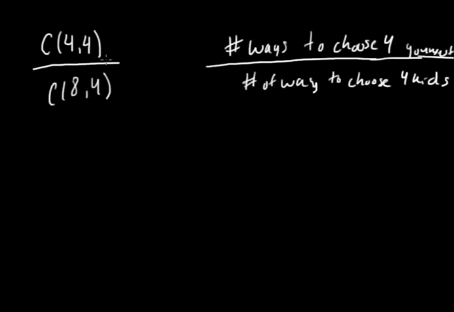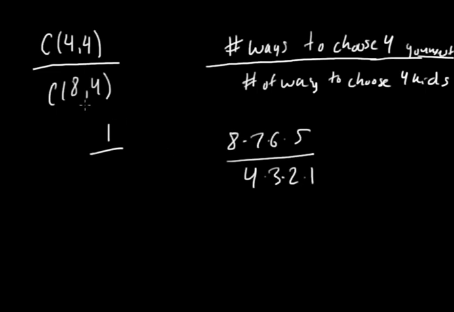So you know that C of 4 4 is just going to equal 1, and you know that C of 8 4 is going to look like this. Basically, when I do this, I don't really follow the equation. I just multiply this number times however many times the value of the other number is.